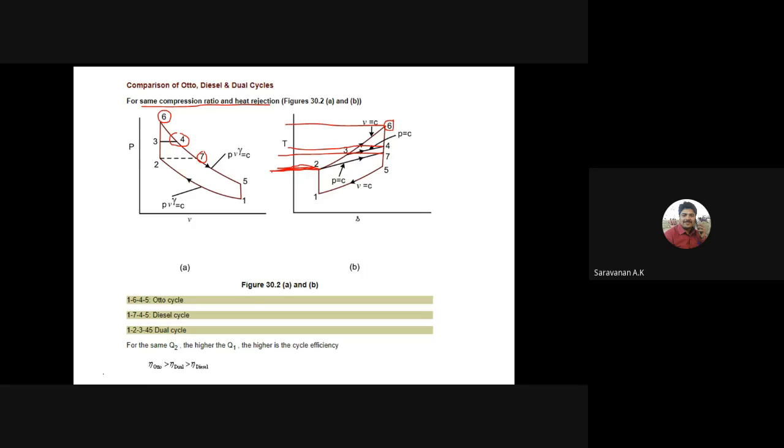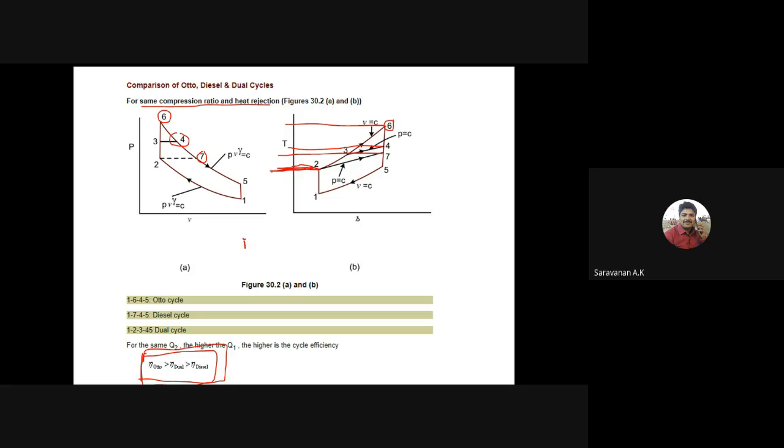So the efficiency is in the form like this. The efficiency of the Otto cycle is more than these two cycles, the dual cycle and the diesel cycle. Is it visible?